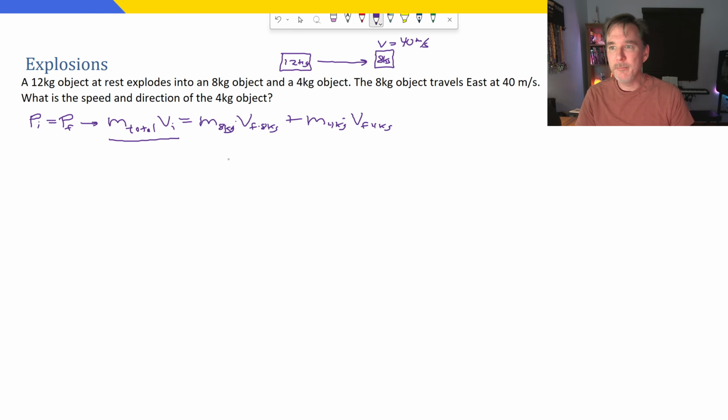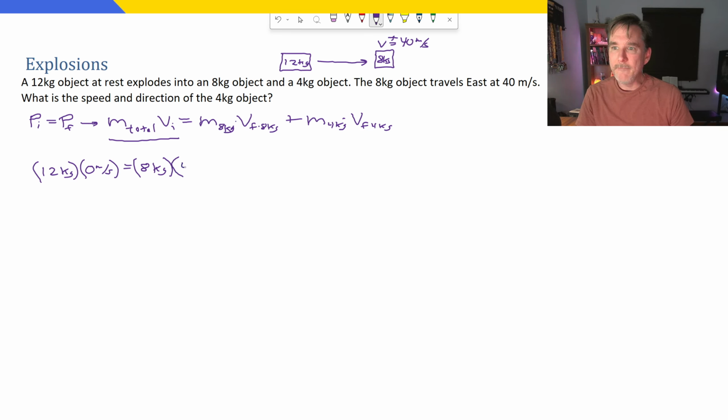So I can start plugging in my numbers here. The total mass to begin with is 12 kilograms times its velocity, which is 0 meters per second. Okay, we knew where that was going. That is equal to 8 kilograms for the mass times the velocity. It's to the east, and so because it's to the east, I'm going to make sure that is a positive number. If we get a negative number for our final answer, we know it's in the opposite direction.